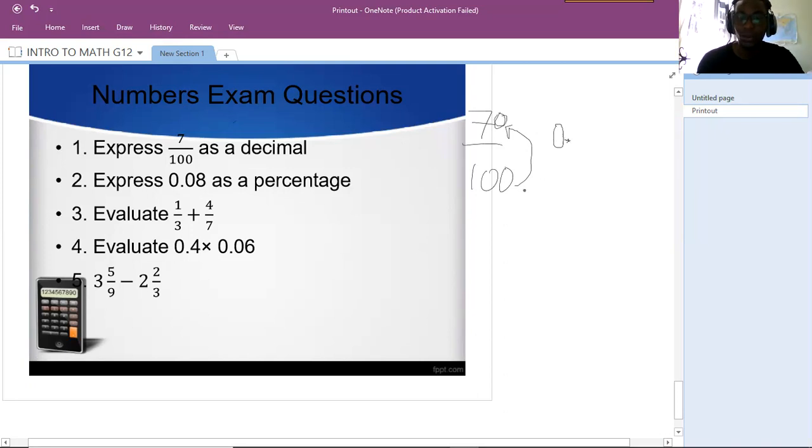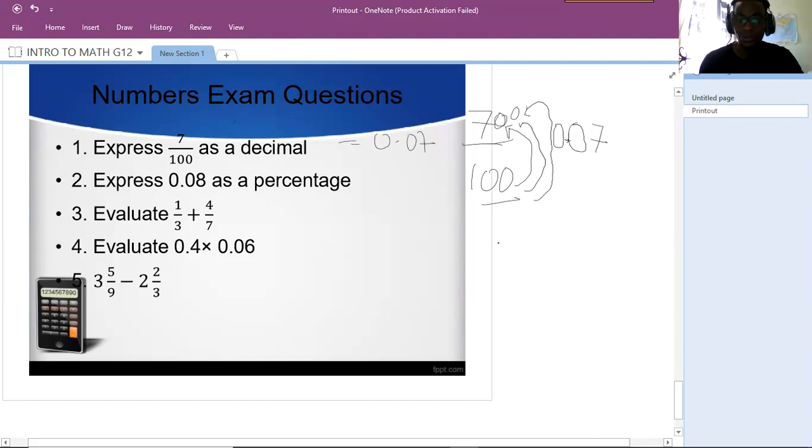Then you say 100 into 70, it can't. So you add a zero there and a zero after the decimal point there. Then it becomes 700 there and it becomes 100 there. Then now you can finally say 100 divided into 700, it will be 7.